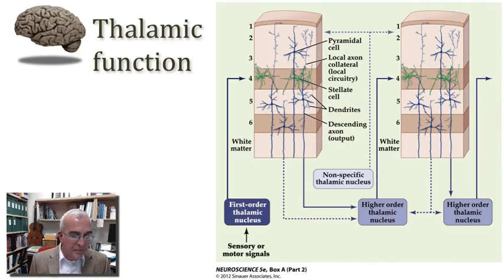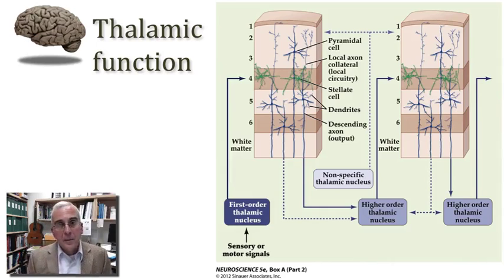So, for example, there is feed-forward transmission of ascending sensory information through nuclei of the thalamus that are concerned with somatic sensation. They receive inputs from somatic sensory pathways that are arising from the spinal cord and from the brainstem, and they send their signals into the somatic sensory division of the cortex, namely the postcentral gyrus.